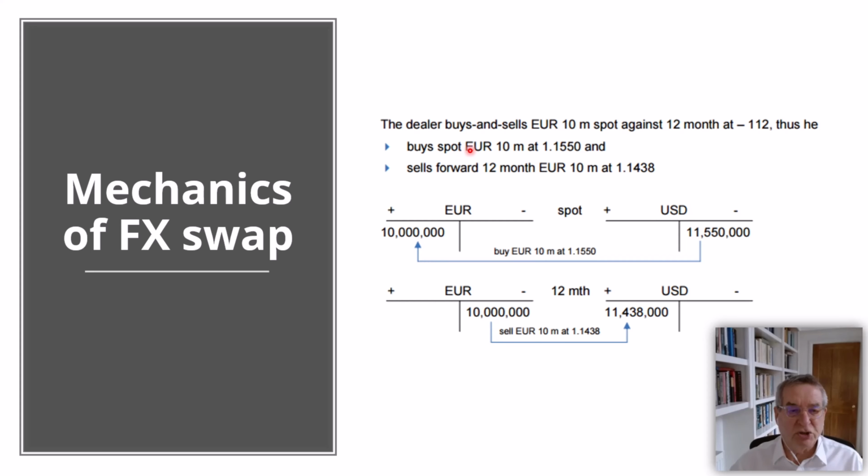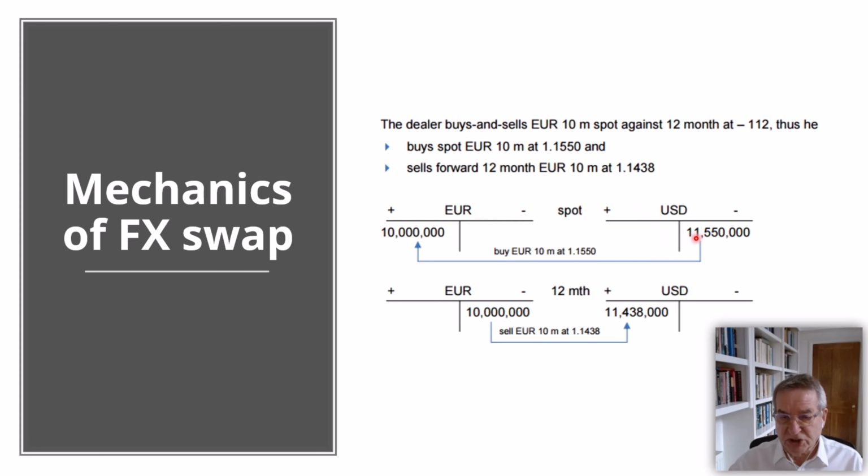So the dealer buys 10 million euros, and let's suppose the spot rate at the time is 1.1550, and sells forward the 12-month euro 10 million at this rate, where we take into account what the adjustment is for the forward rate, based in this case on negative 112 pips. So that equates to that.